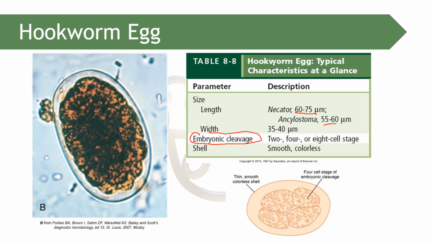That's why it is one of the differences between the egg of hookworm and Strongyloides. Si hookworm kasi, meron siyang 2 to 8 embryonic cleavage. Remember guys that this worm, again, kilala siya sa pag-infect ng man. And the habitat of hookworm is the small intestine.